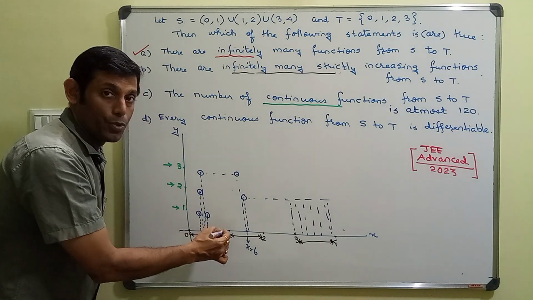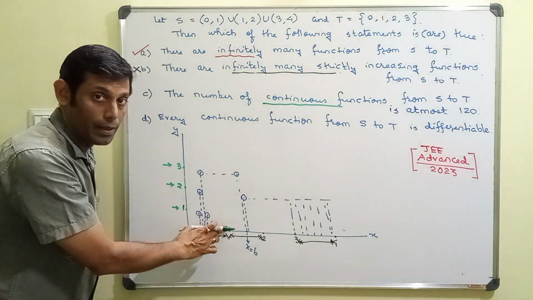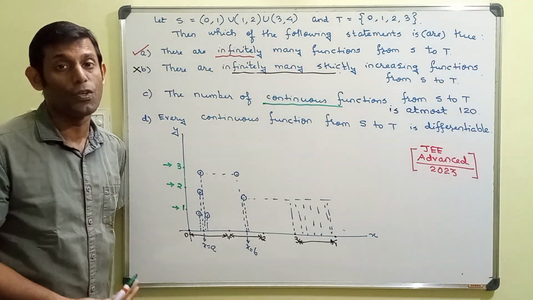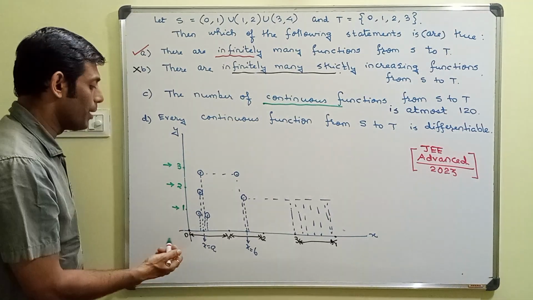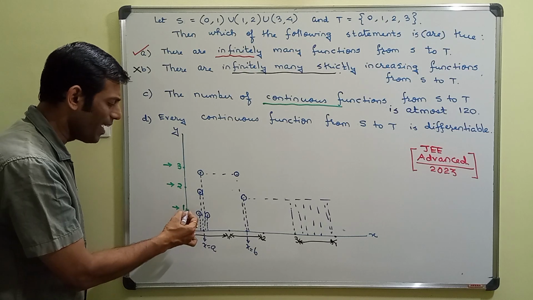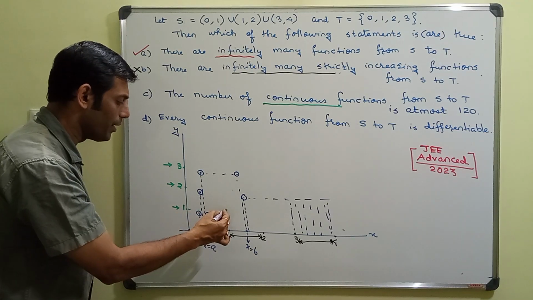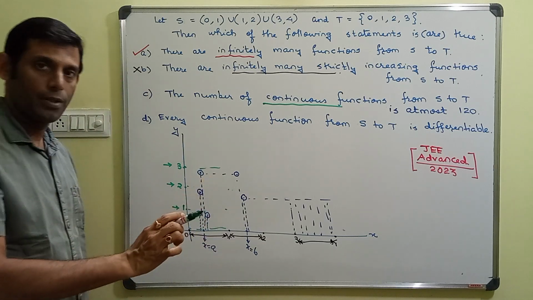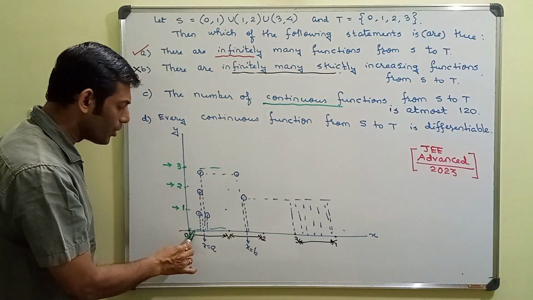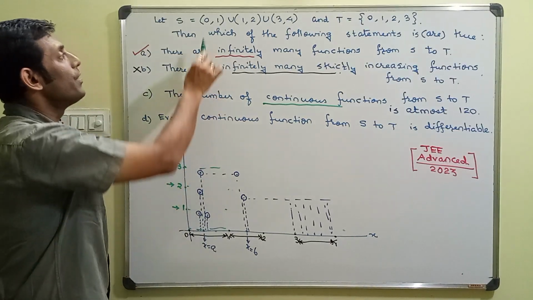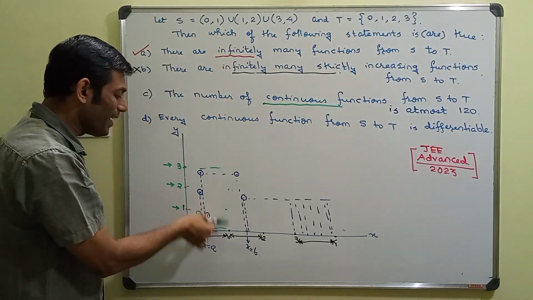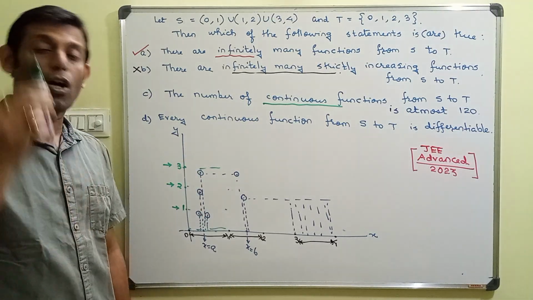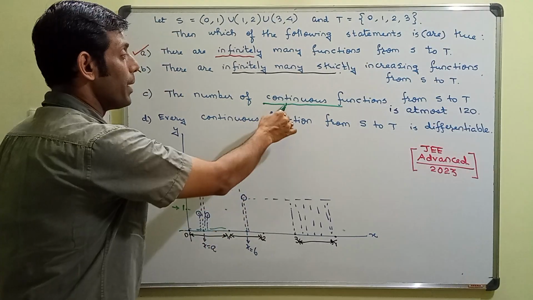All the domain values from the 0 to 1 interval, if they have to build a continuous function, then the outcome has to stay at a constant value of either 1 or 2 or 3 or 0. I repeat, all the domain values in a given interval should produce any one constant output of 0 or 1 or 2 or 3 to remain continuous.